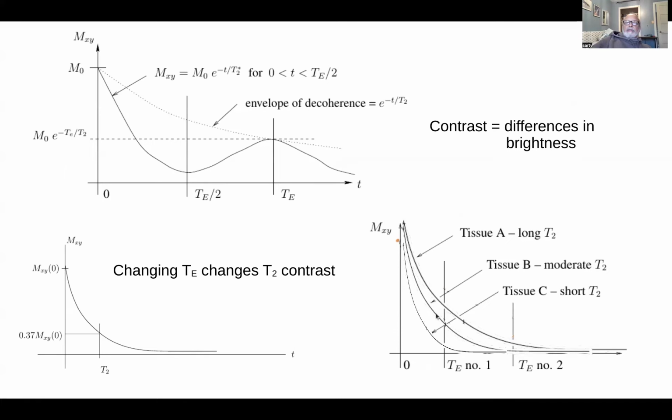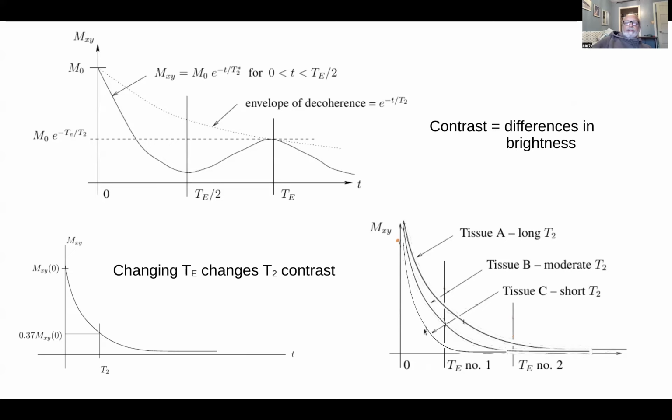And so with these curves here, which show T2 decay envelopes, kind of this dotted line here, and what you actually see in a spin echo sequence, we're just concerned about the magnitude of the signal at TE here. And so at different TEs, different tissues are going to have different T2 times. And that's how we use MRI to distinguish tissues, because different tissues have these different T2 times.